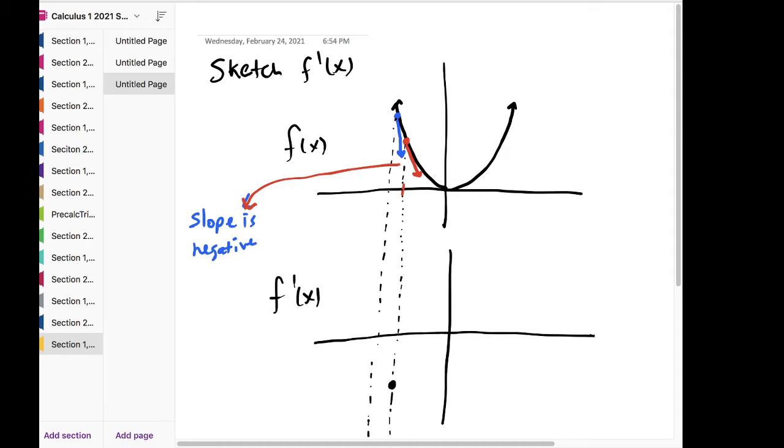By more negative, I mean which is further away from zero. So the one on the right, is that closer to zero or further away from zero? Yeah, the blue one is further from zero, because it's pointing down more. More negative.